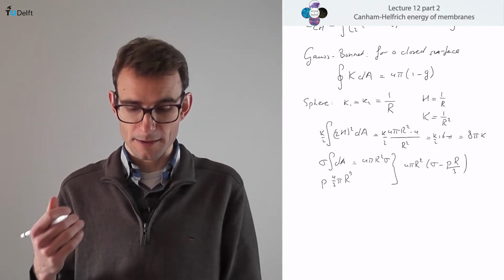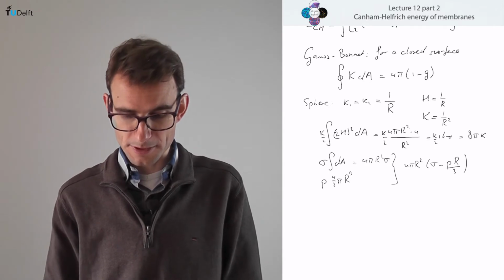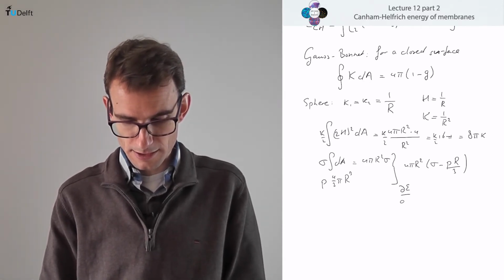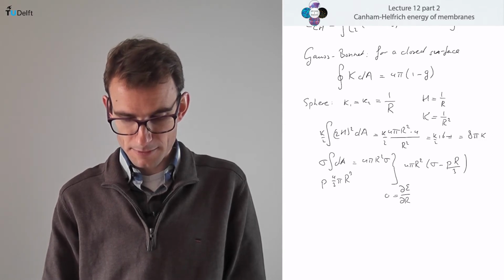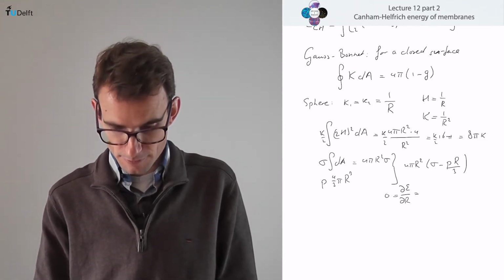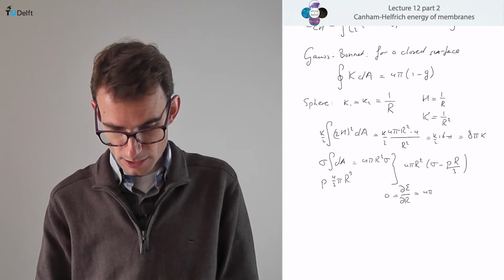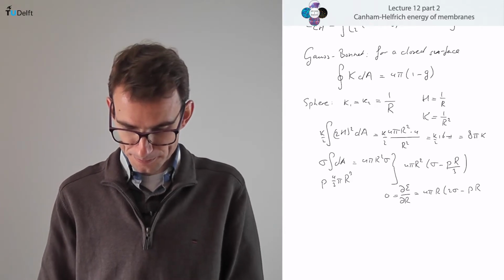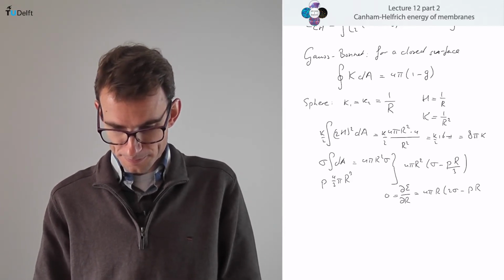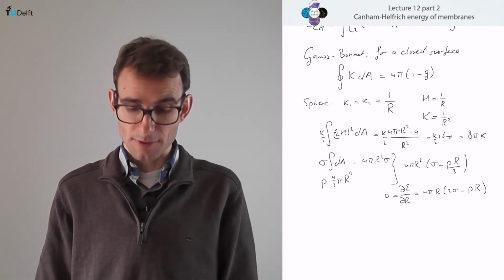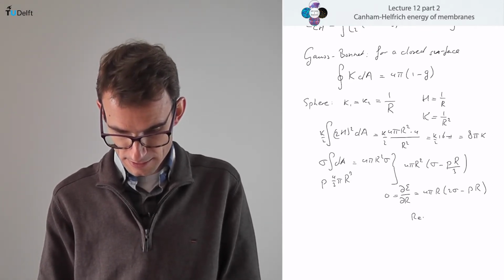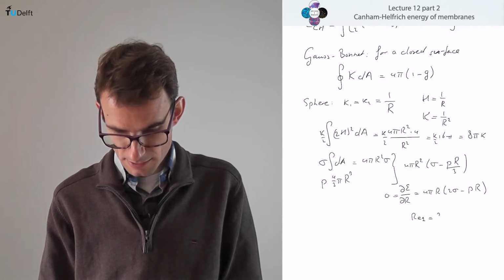And from the other two terms, if we take the derivative of r and put it equal to 0, what we find is that we have 4 pi times r, 2 times sigma minus P times r. And therefore, the equilibrium radius equals 2 sigma over P.